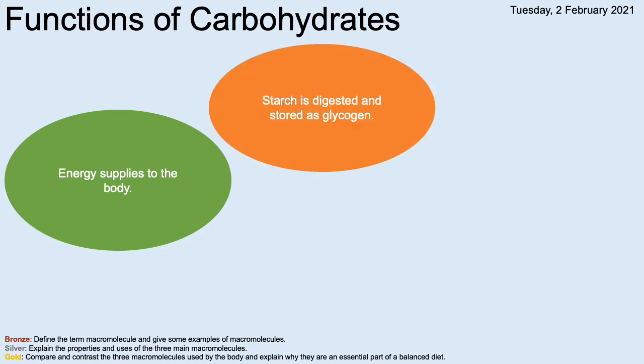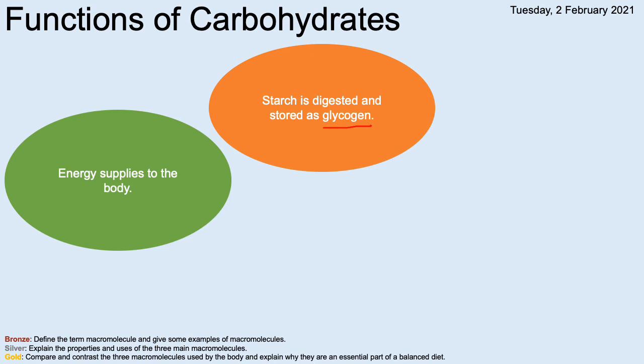So starch is digested and stored as glycogen. I mentioned glycogen earlier. Glycogen is the storage molecule that we use in our bodies to store energy for future use. Energy that we don't need right now, we will store normally in our liver, and it will be released later on when we do need it.